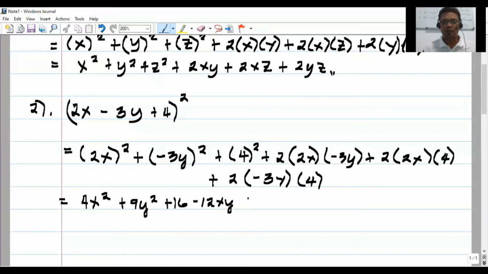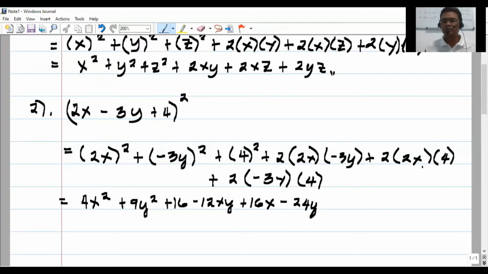And then 2 times 2x is 4x times 4 is positive 16x. And then 2 times negative 3y times 4 is negative 6 times 4 is negative 24, times positive is negative. We have minus 24y. Okay? So that is the product of the square of 2x minus 3y plus 4.